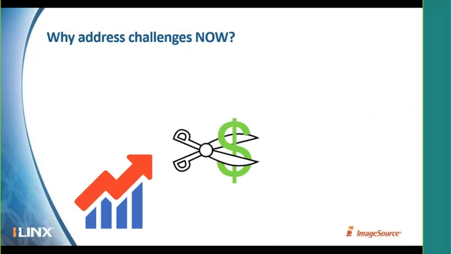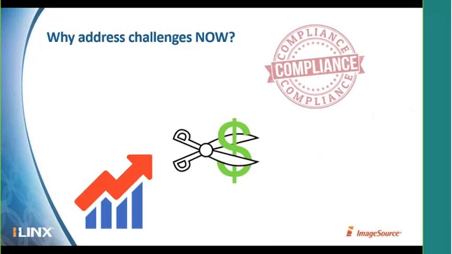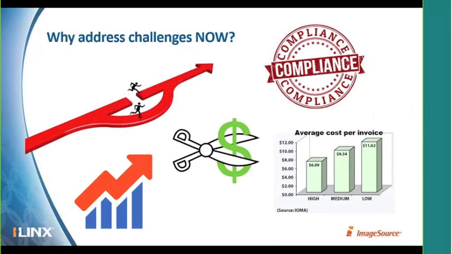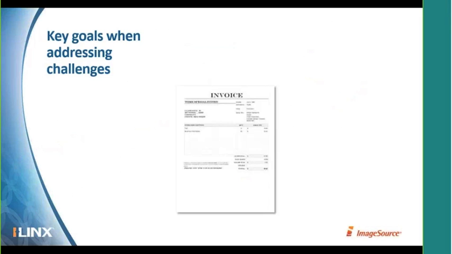And one motivator that seems to be changing quite a bit these days is regulatory compliance. A lot of the time it's more cost avoidance than it is cost reduction, but it's important. And when we address these challenges, it's going to help reduce our cycle times, decrease the cost per invoice, and ultimately improve our bottom line, improve our competitiveness, and allow us to free up resources to focus on core business activities.